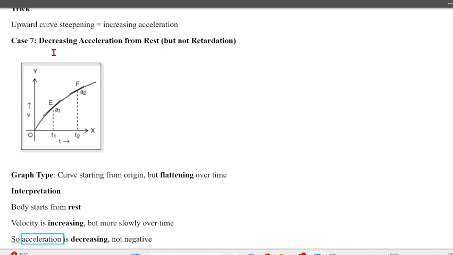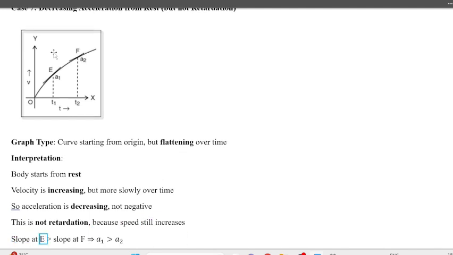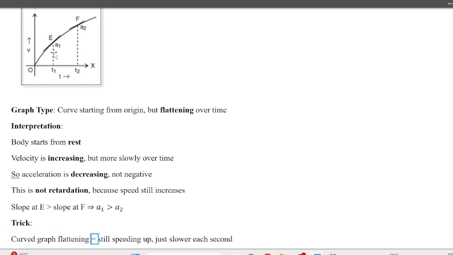So acceleration is decreasing, not negative. This is not retardation because speed still increases. Slope at E, slope at F, a1 greater than a2. Trick: curved graph flattening is equal to still speeding up, just slower each second.